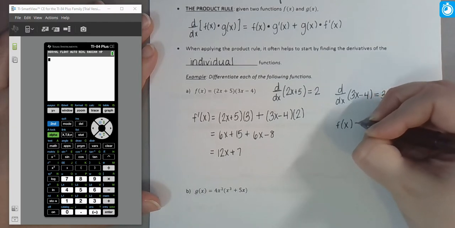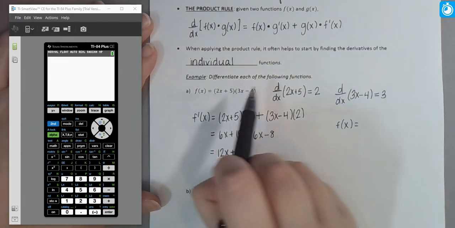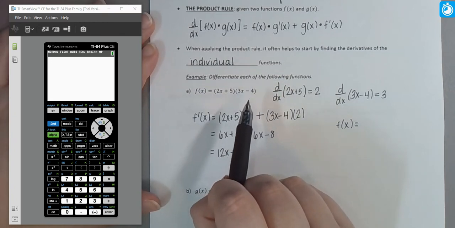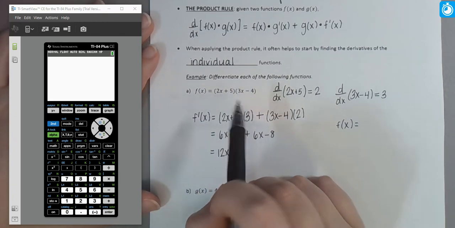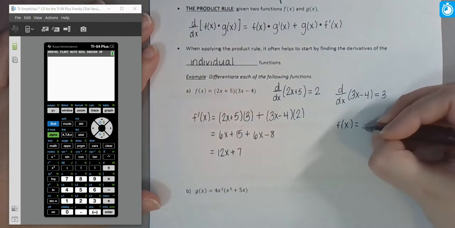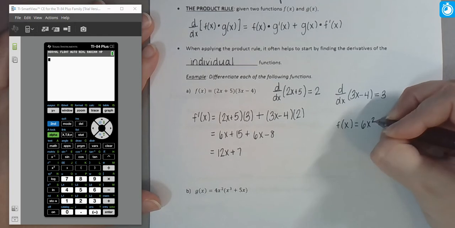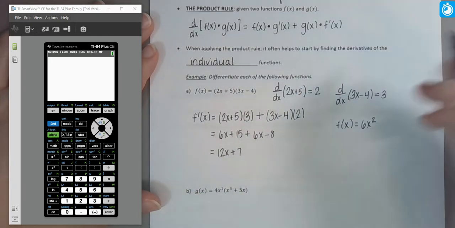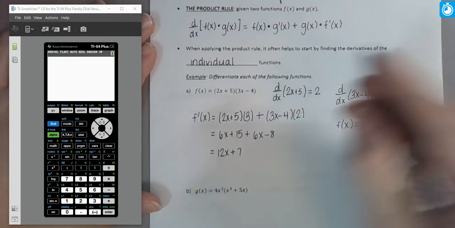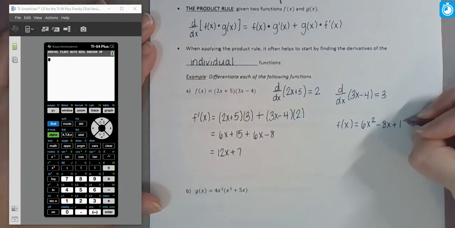In other words, if we started by simplifying this original function and then differentiating another form of it, we should get the same answer. Let's verify that we do. So the first pair, 2x times 3x, would be 6x squared. The outer pair would be negative 8x. The inner pair, 5 times 3x is 15x.